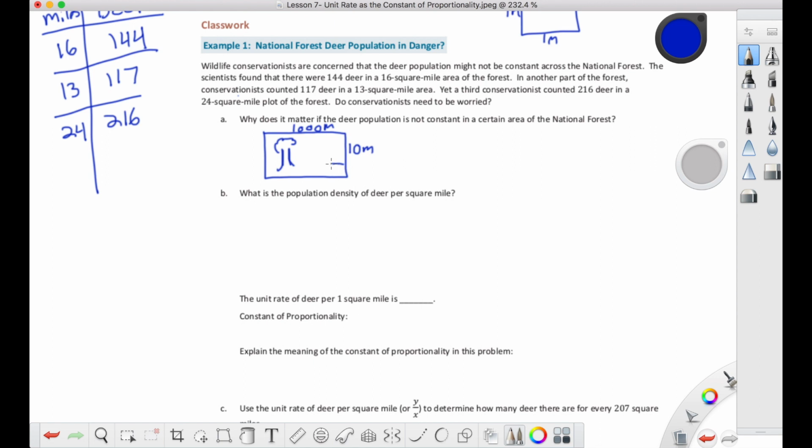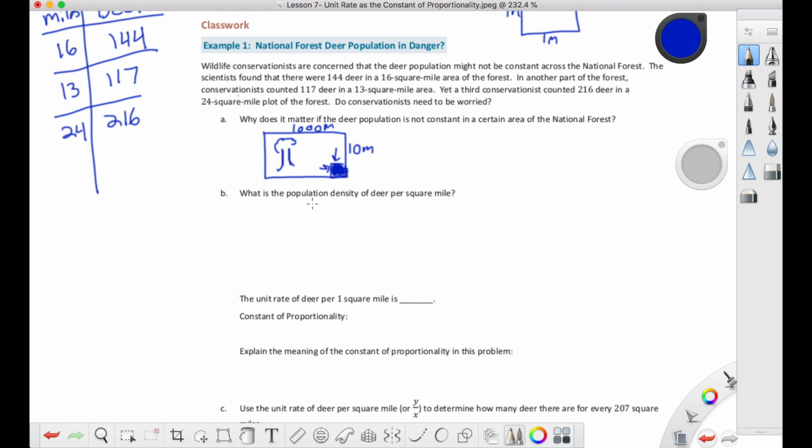Now let's say all of the deer lived here. This would be really bad because deer are an important part of an ecosystem, and if there weren't deer everywhere else and they were all here, they would probably eat all the food, or they could hurt each other. There are lots of reasons why it would be important that the deer were spread out.